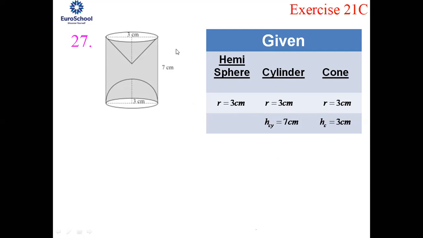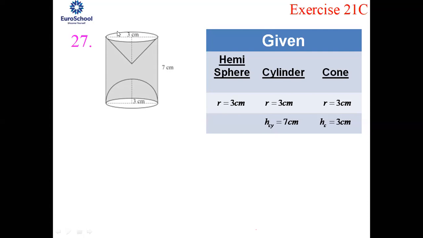What else is given? That is all that is given to us. Give your answer correct to the nearest whole number, taking pi equal to 22 upon 7. Here again you just need to find the volume of the remaining solid. What is happening here? You have the solid here and they are taking out a cone from the top.